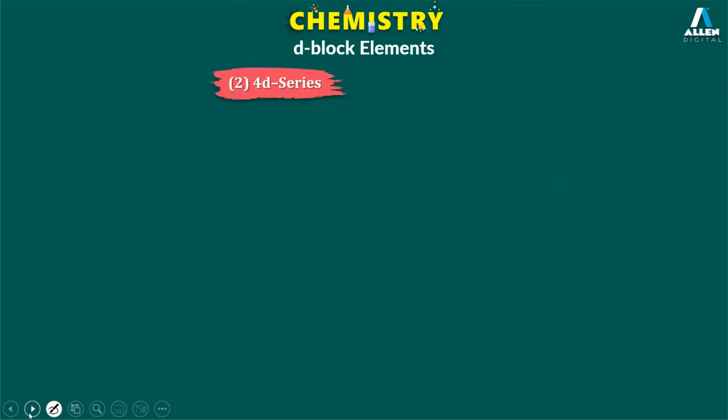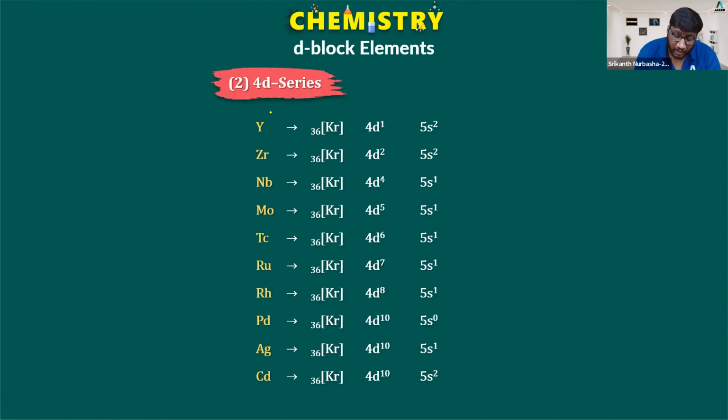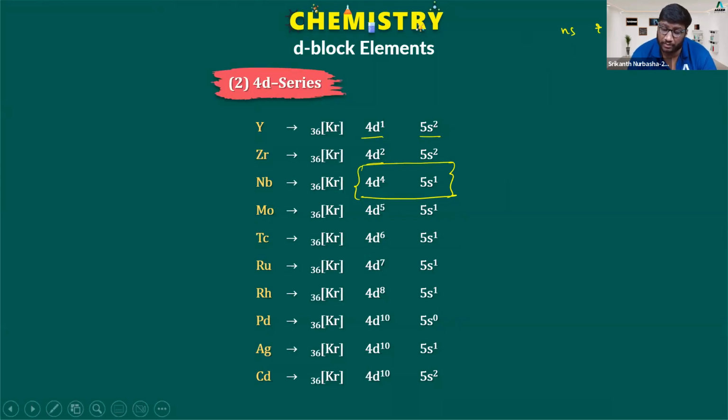Look at the 4d series elements, students. Yttrium to cadmium, you have exceptions. 4d1 5s2 no exception, 4d2 5s2 no exception. Here you can see 4d4 5s1. You know ns and n minus 1 d have less energy difference, so electrons can excite from the ns to n minus 1 d. But if you look at niobium, krypton 4d4 5s1.